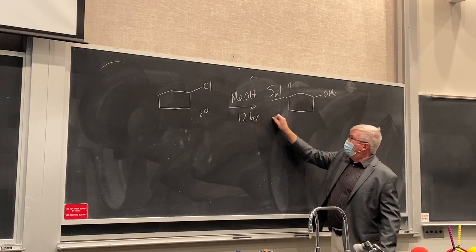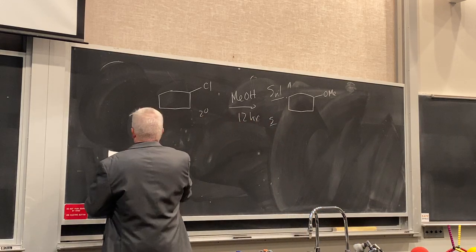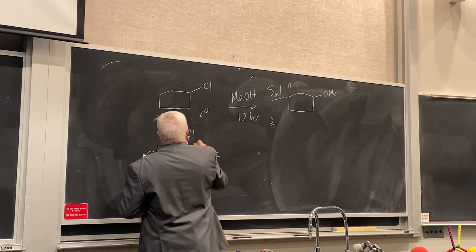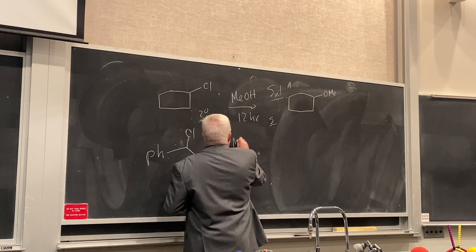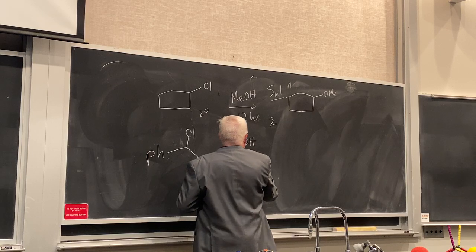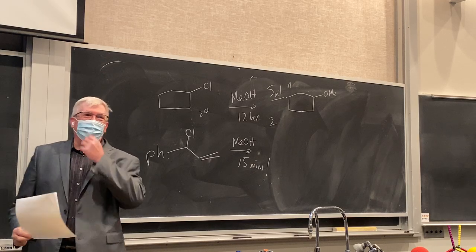It is quite slow. And let's see, here's another secondary one where we have a benzene and an alkene here. This one, same conditions, methanol. This one's done in 15 minutes. Why is it super fast? And what are the products?